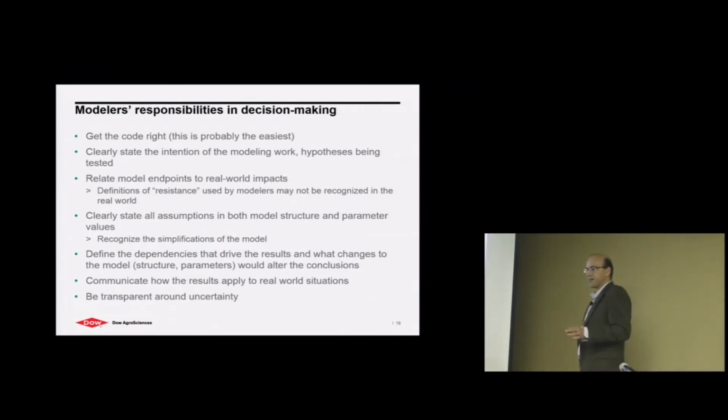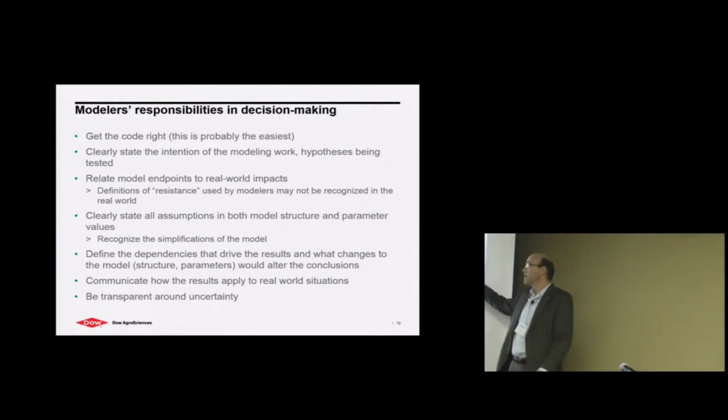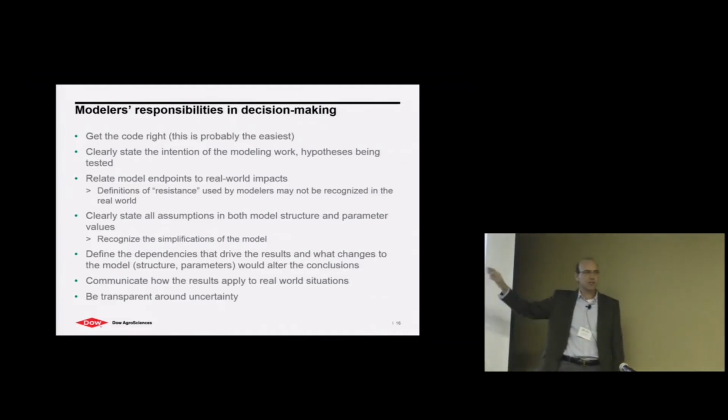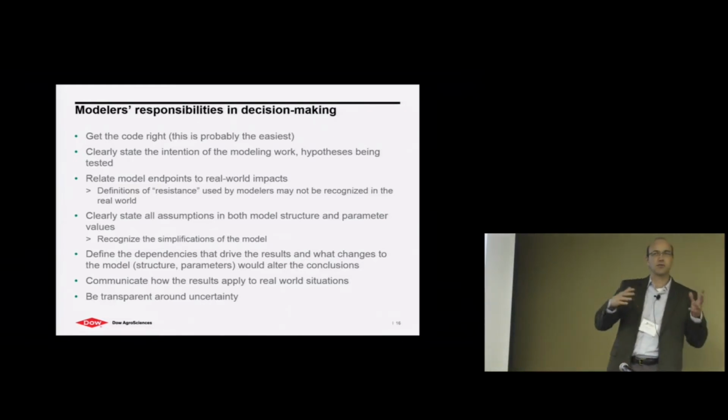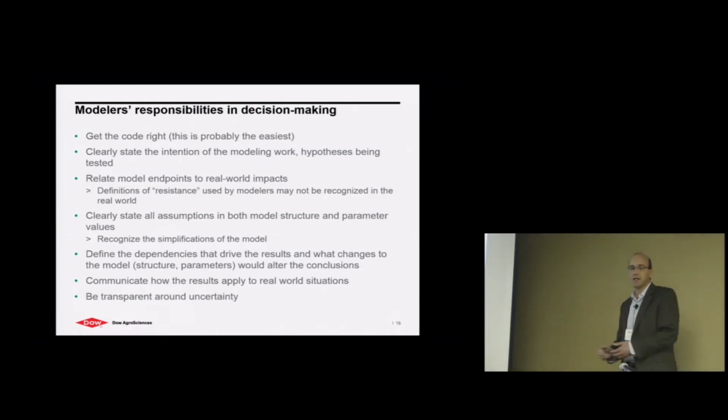I think one of the speakers, I can't remember who it was, maybe it was you, Nina, talked about setting out what is the goal of my modeling project before you even put pen to paper or start typing code. What is the question that I want to answer? And create your model to test that hypothesis. Just like doing any other experiment in the field, you've got to have your hypothesis, otherwise your experiment is not informative.